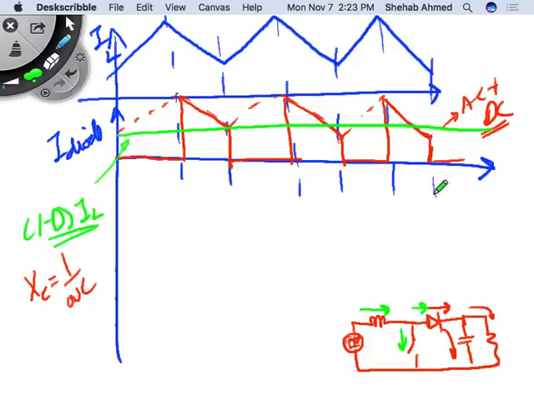Okay, so now what did we say? Since this is an ideal large capacitor, all the average value will go directly to my load. And all the AC component will go through the capacitor. Right?